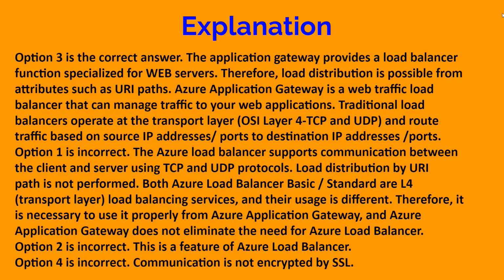Therefore, it is necessary to use them properly from Azure Application Gateway and Azure Load Balancer. Application Gateway does not eliminate the need for Azure Load Balancer. Option 2 is incorrect. This is a feature of Azure Load Balancer. Option 4 is incorrect. Communication is not encrypted by SSL.